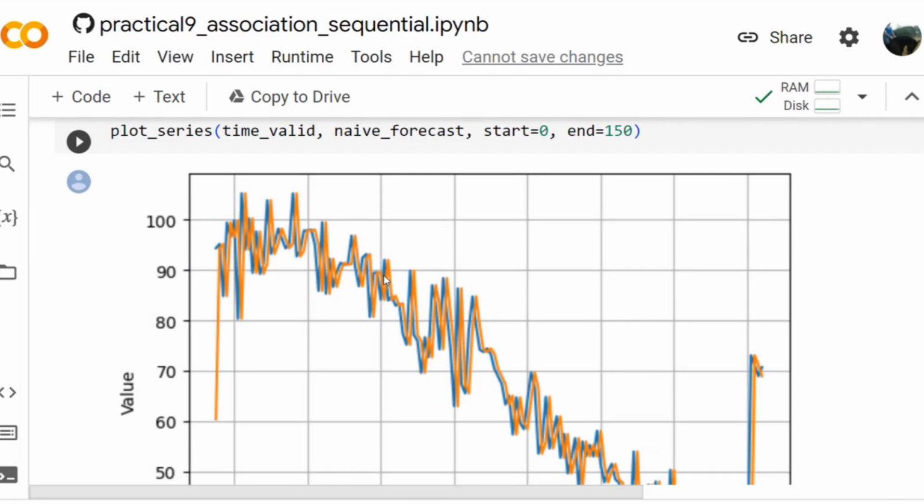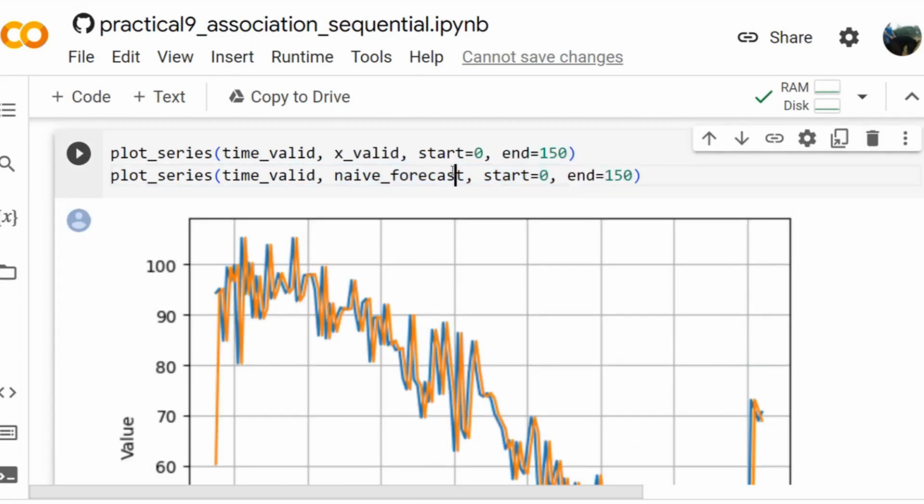But again, this is naive forecasting. There's nothing, just assuming the current value is the value of the previous one. I'm talking about the forecasted, the orange one. So this is why you see that at the peak, there's a shift by 1 unit. Whatever the value at the blue at time t is going to be the forecasted value for t plus 1, and so on and so forth.